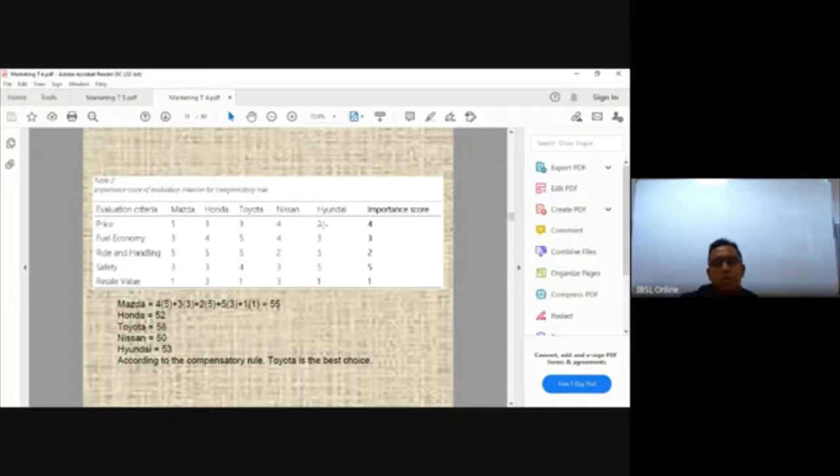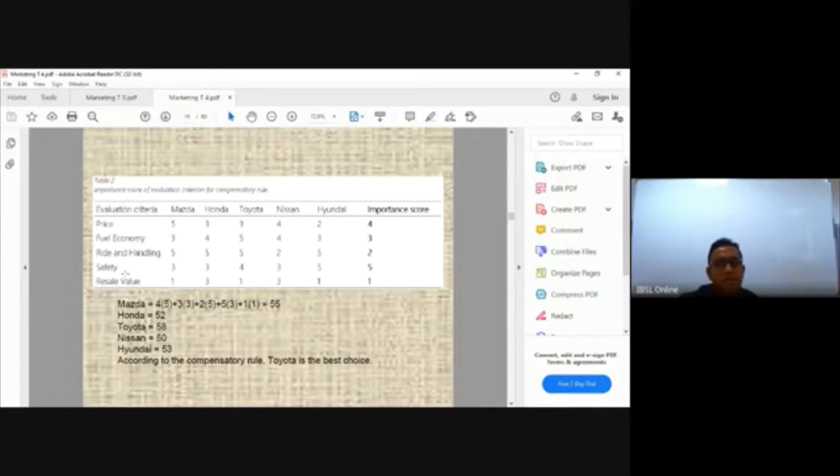Importance score. Compensatory rule importance score. All right. Now, in this example, these are the criteria.